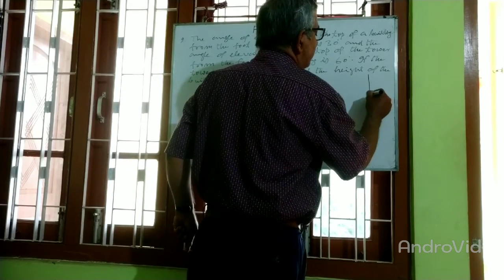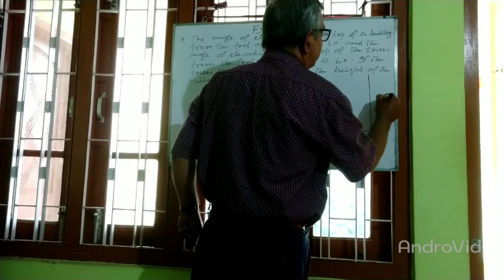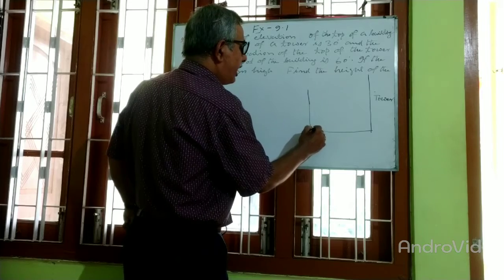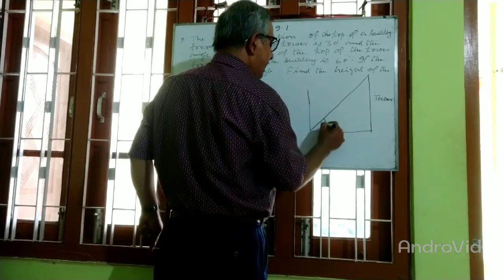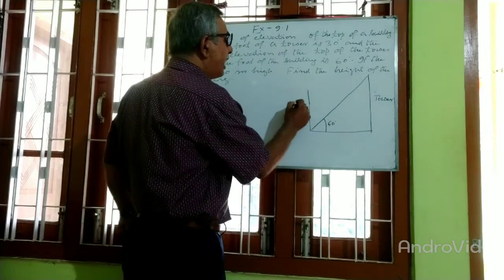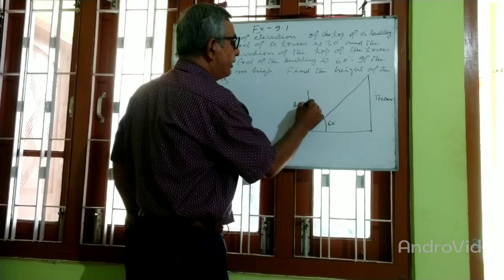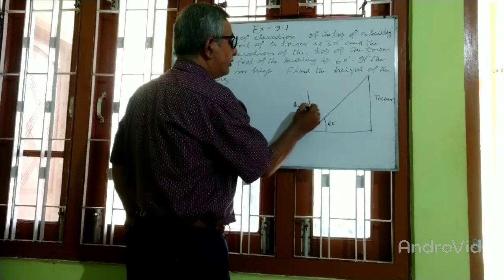This is your tower. And this tower you are seeing from where? From the foot of the building, and you are getting angle of elevation 60 degree. And this is building.